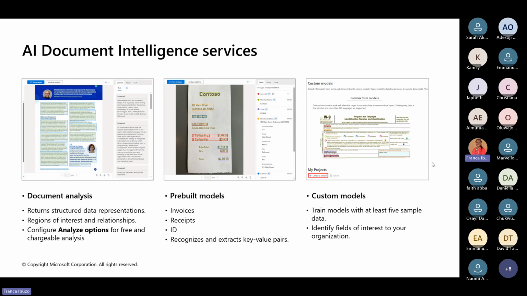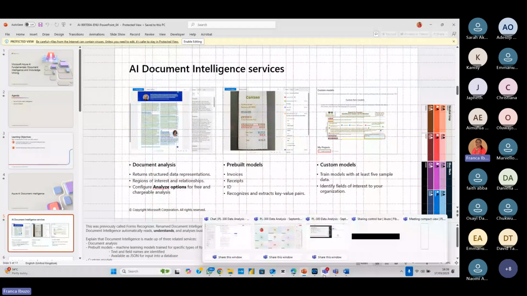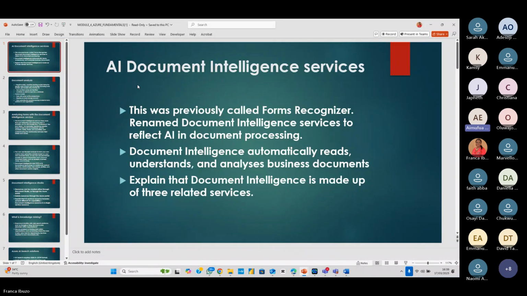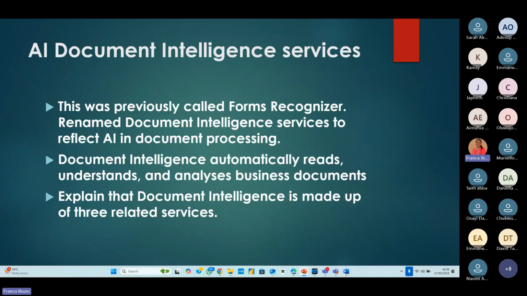You train models with at least 5 sample data, and identify fields of interest to the organization. Okay, I'm going to break it down here. Okay, Azure AI Document Intelligence services.